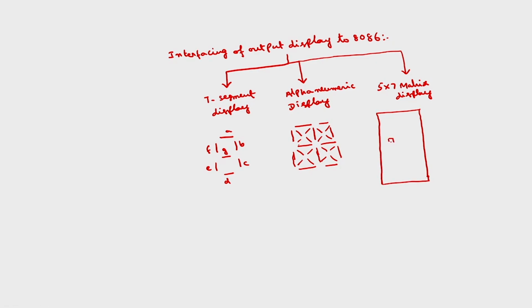So we will be having 5 by 7, which means 5 in a row and 7 such rows. By appropriately selecting the segments, you can display any alphabets on this display.